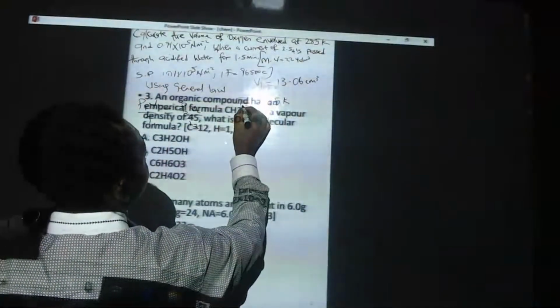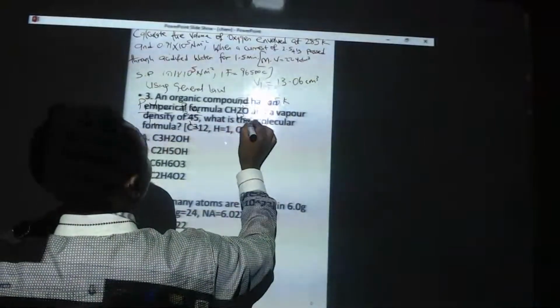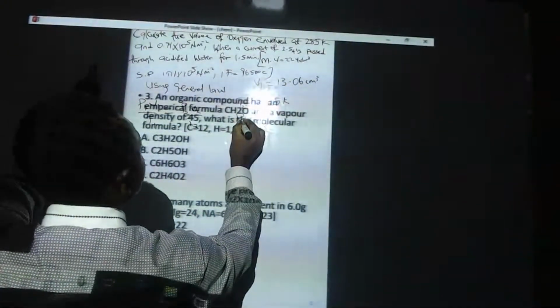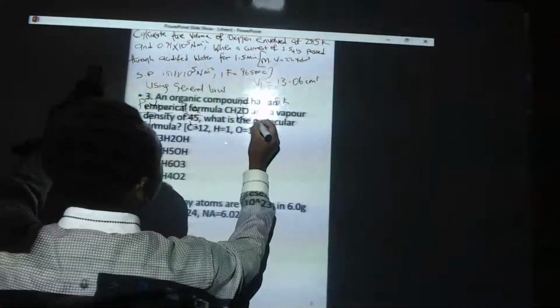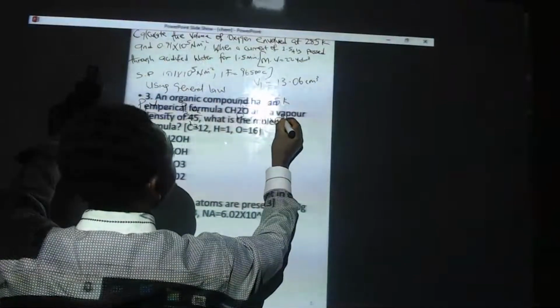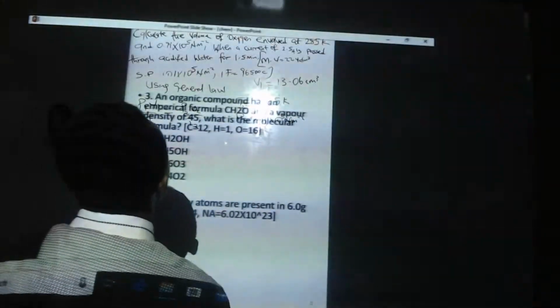Now, this is your second temperature. Remember, they say at STP. Your first pressure here is 0.91 times 10 to the power of 5 Newton per meter square.